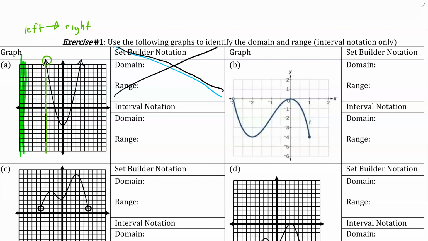So because this arrow does go to the left forever, we say that the domain starts at -infinity. And then if you continue sweeping your pencil to the right, we will then hit another arrow. And since this one goes to the right, our domain goes to +infinity.